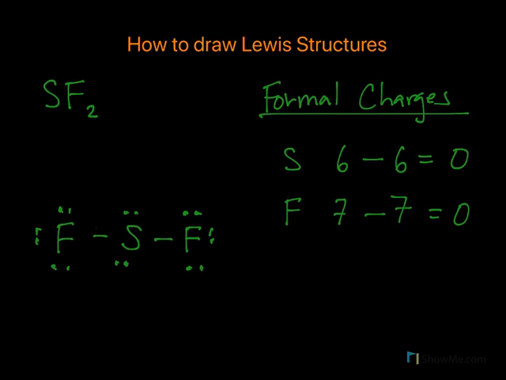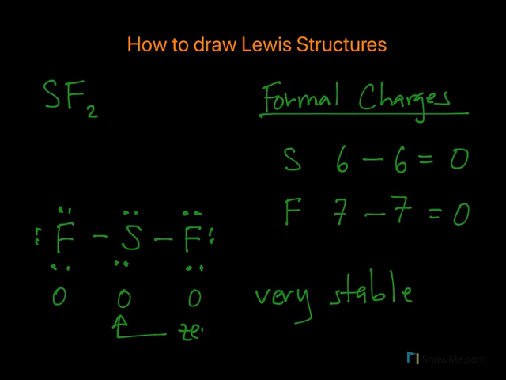Since all the atoms in this molecule have a 0 formal charge, this is a very stable molecule. Nature likes the central atom to be 0. If the central atom is 0, then you are finished. Then this is basically the Lewis structure for SF2.